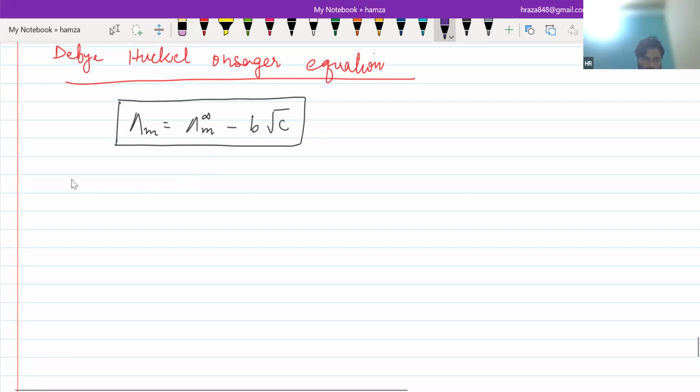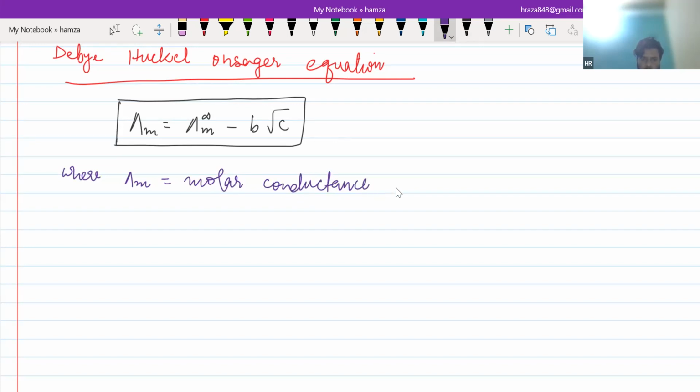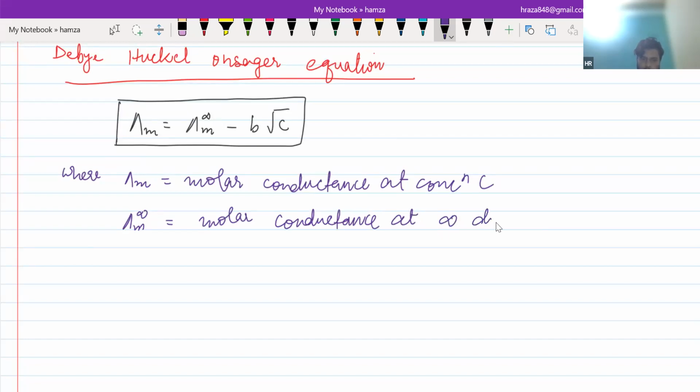Where lambda m equals molar conductance at concentration c, and lambda m naught is equal to molar conductance at infinite dilution.